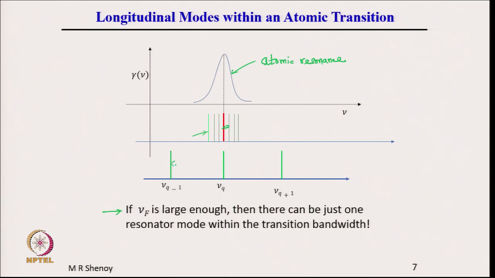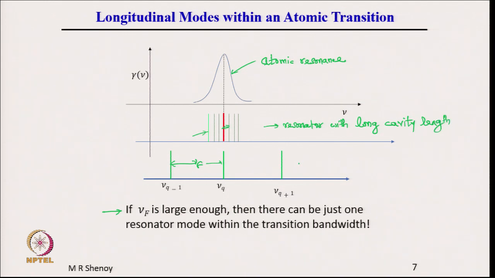For example, you see here nu f is so much larger. This is a different resonator with long cavity length. When L is large, then nu f is small.